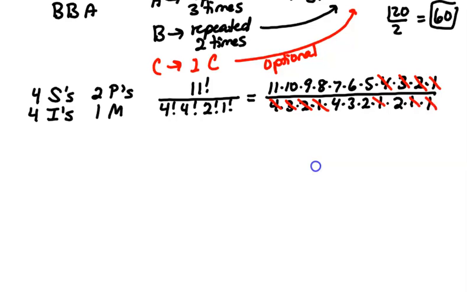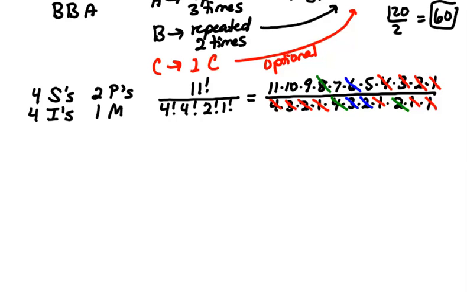Okay, they're all gone. All right, so notice now I have a 6 here, and I have a 3 and a 2 in the denominator. So 6 cancels with the 3 and the 2. I also have a 4 and a 2, which is 8, and I have an 8 in the numerator. So the 4 and the 2 cancel with the 8.